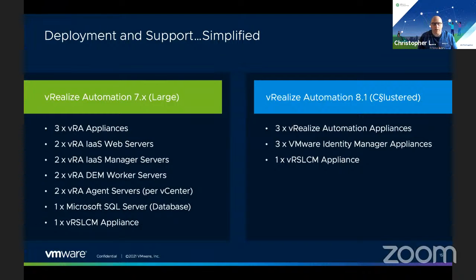And you can actually just have one appliance for automation and Identity Manager or Workspace ONE Access, and then a Lifecycle Manager appliance, and then you can scale out to 3 if you want to, based on service availability.